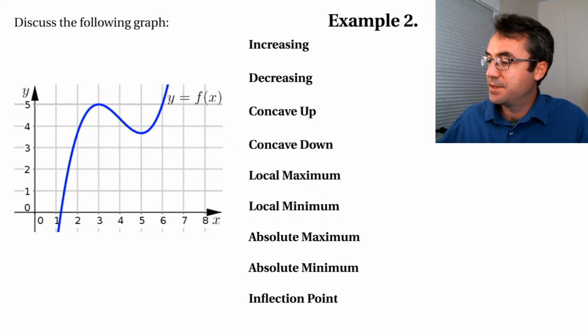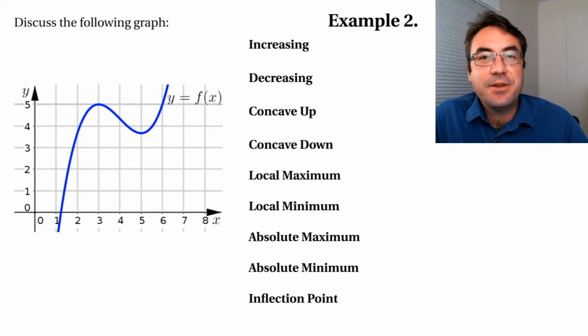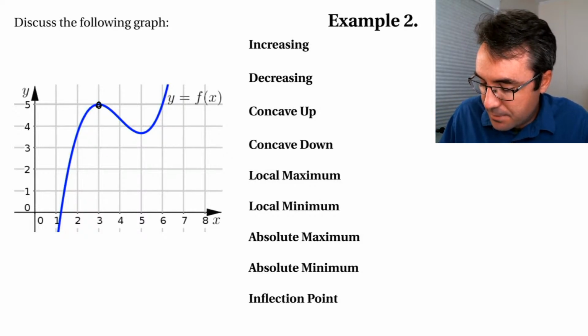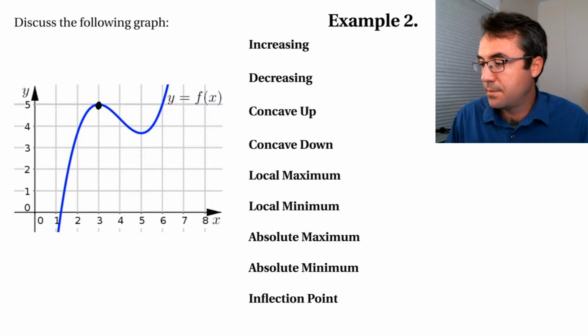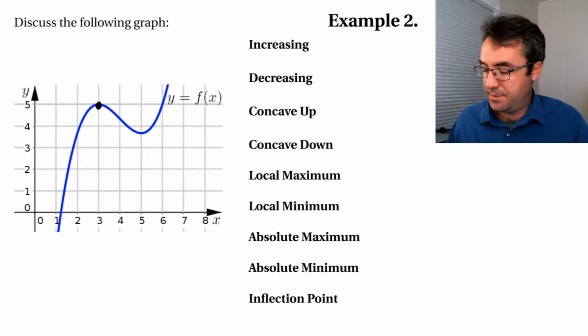Maybe not the easiest, but they tend to be where at least my eye gets drawn. So we see that we have a local maximum right here. So we have a local max at x equals 5.